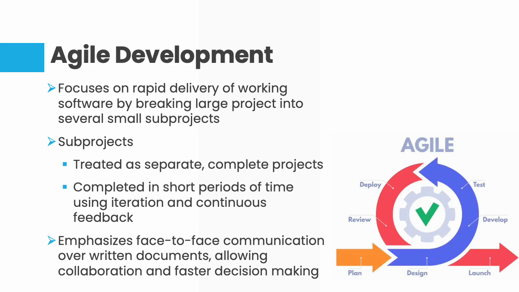Okay, and the key part of agile is the communication. It emphasizes face-to-face conversation between developers and the users rather than relying only on long documents. This will help everyone to understand each other better, make decisions faster, and adapt quickly to changes.